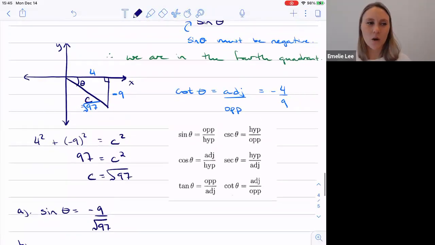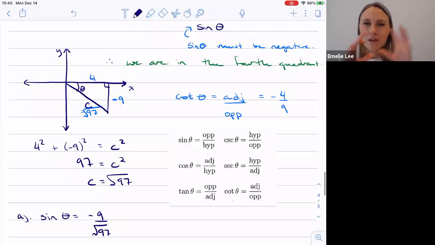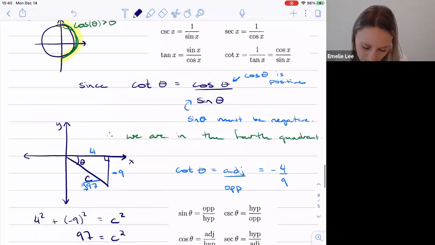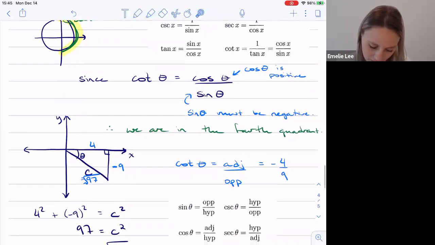So you can see how a ton of work happened. I kind of walked you through how to figure out that it was in the fourth quadrant. If you just kind of looked at it and said, oh yeah, I have to be in the fourth quadrant because it's negative, that's fine too, right?